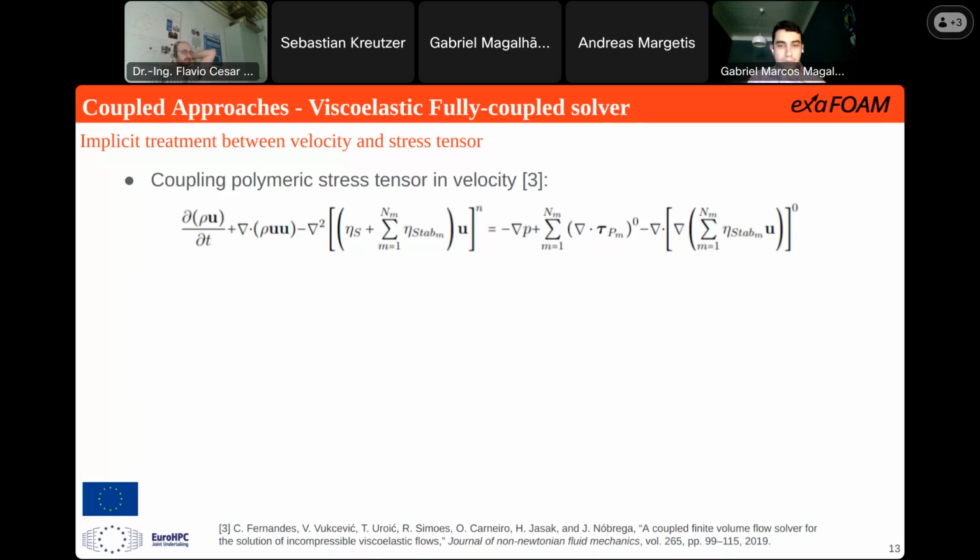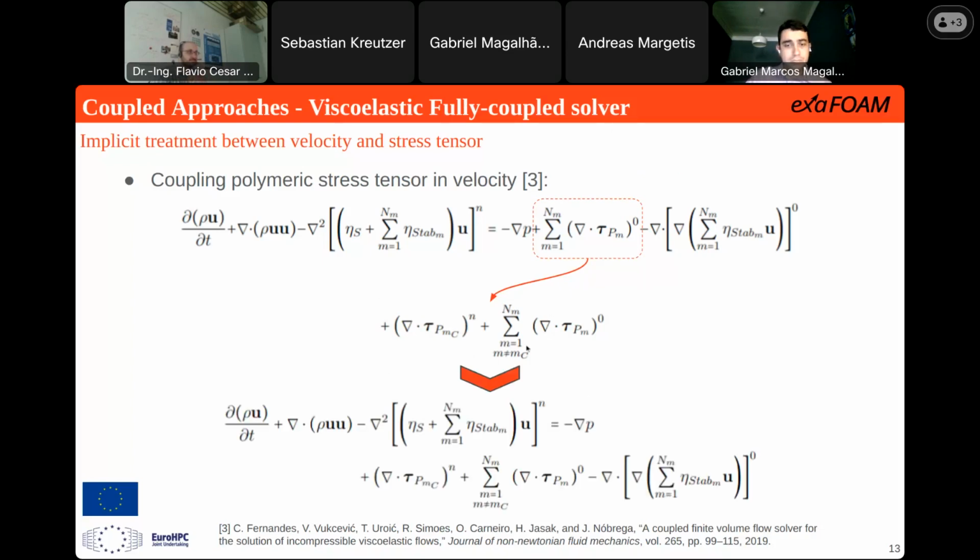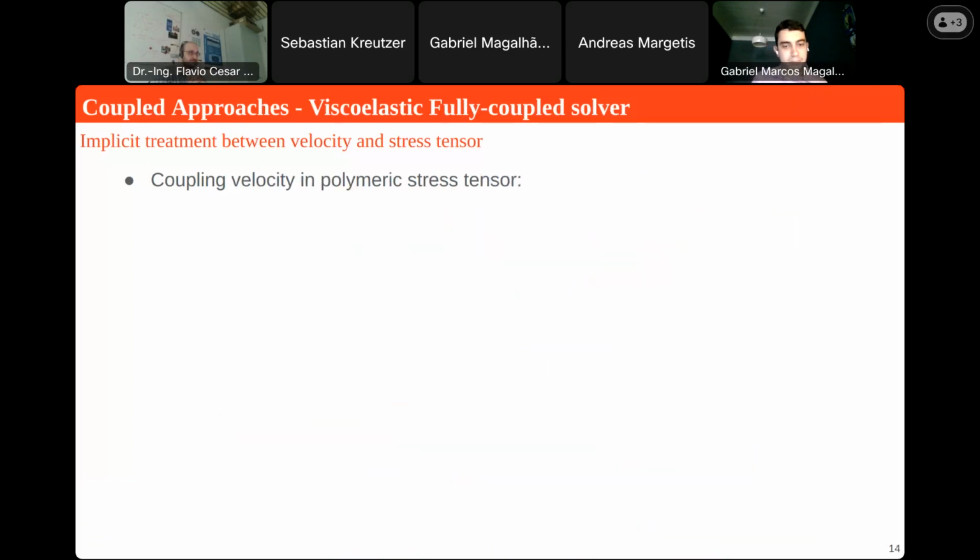So our proposal is to divide this term in 2 parts, and we will treat just one mode implicitly and the other modes explicitly. So we have this equation for the momentum coupling one mode of the polymeric stress tensor in the velocity.